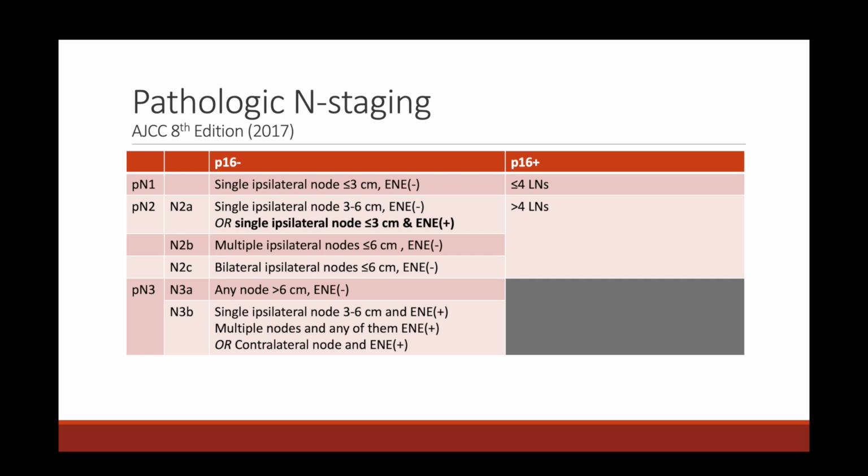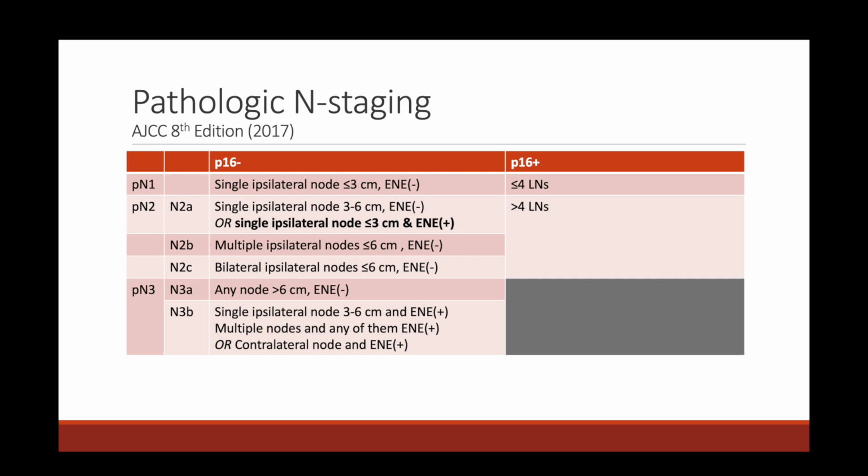Now again, I'm not going to read through every single detail of the P16 negative pathologic nodal staging because we have gone through this already for oral cavity and it's the exact same. The only thing I'll point out is that the clinical and pathologic nodal staging for P16 negative are identical except for one feature, which is that if you have a single ipsilateral node that's less than or equal to 3 centimeters with positive extranodal extension, that would be a clinical N3B, but it is a pathologic N2A.